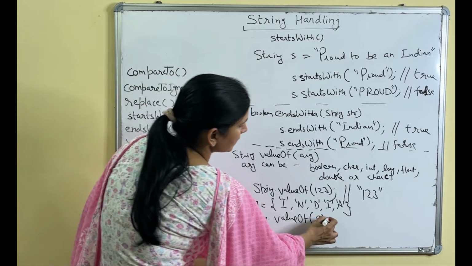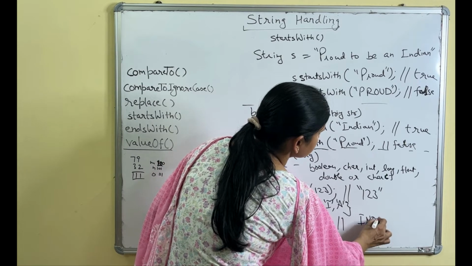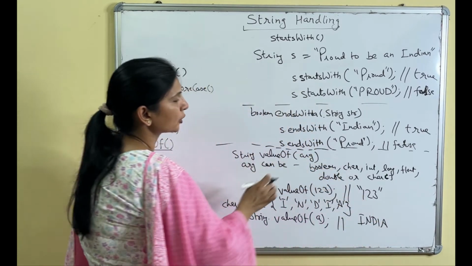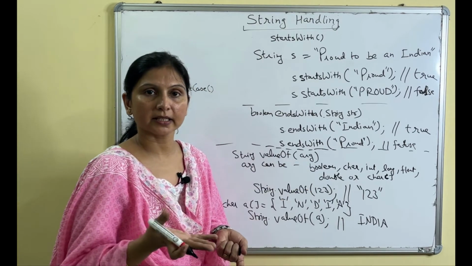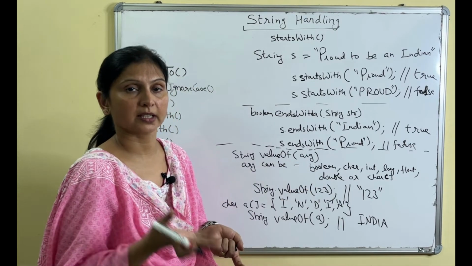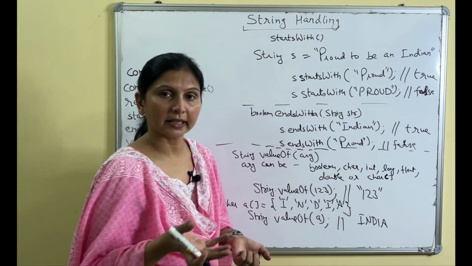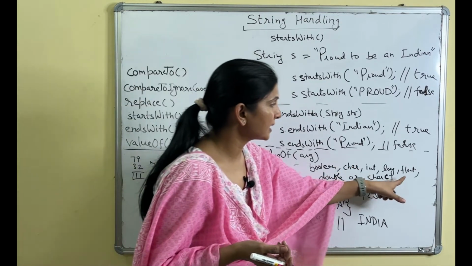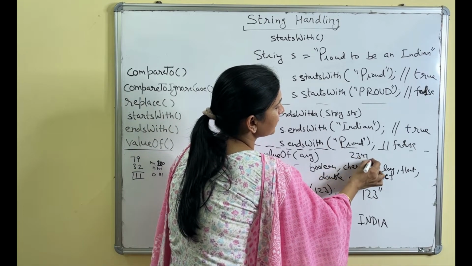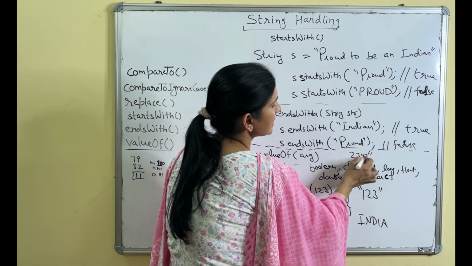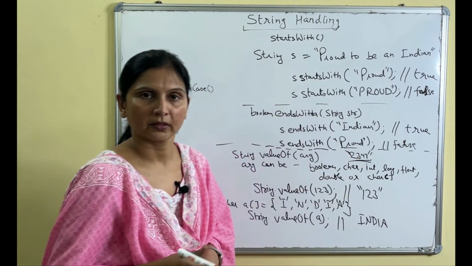So what should be the output? India as a string. So whatever argument we pass in the valueOf function, the return will be its conversion in string form. If we are passing an int, we will get it as a string. If we are passing any float or double, for example 23.47, you will get 23.47 as a string, right?